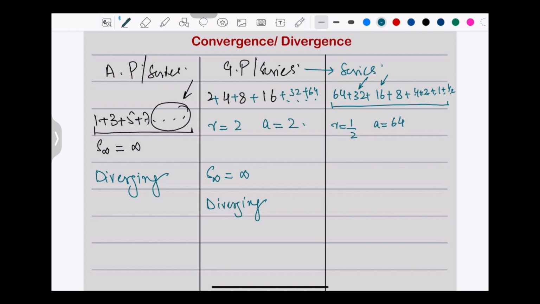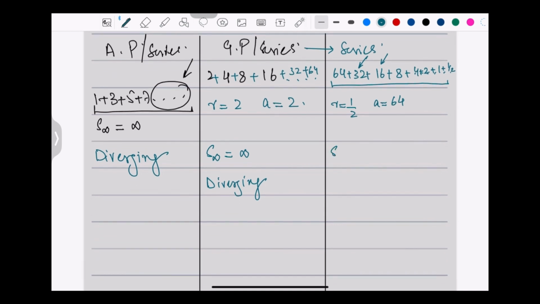Every smallest number you have, the next term will be half of it. So it becomes so negligible that we assume that when it reaches an infinite number of terms, it will become 0.